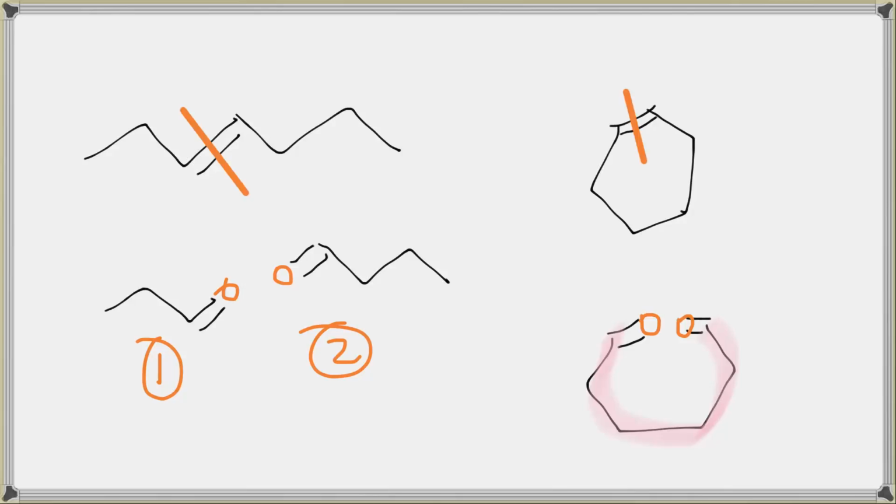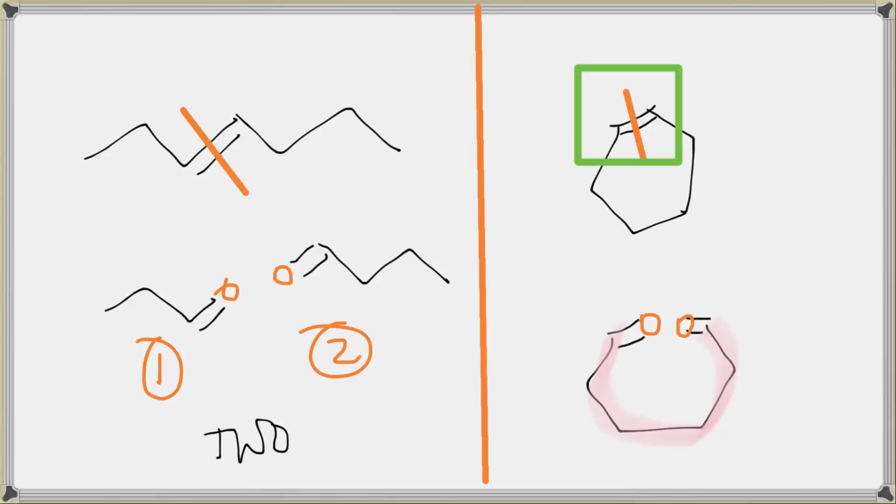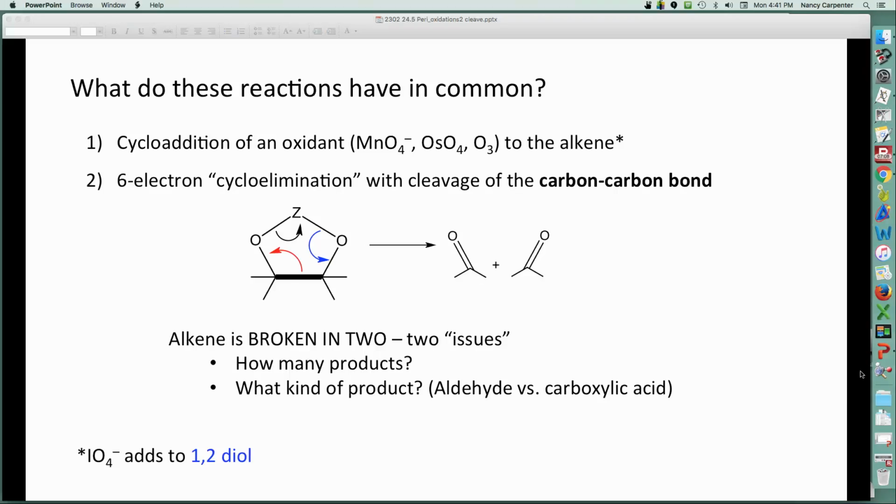So if it's an acyclic alkene, I get two pieces. But if it's a cyclic alkene where the double bond is part of a ring, you get one piece, one product. Okay, so that's a handy thing to keep in mind when you're thinking about ozonolysis and these oxidative cleavages.